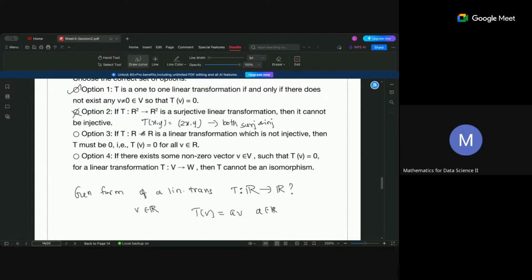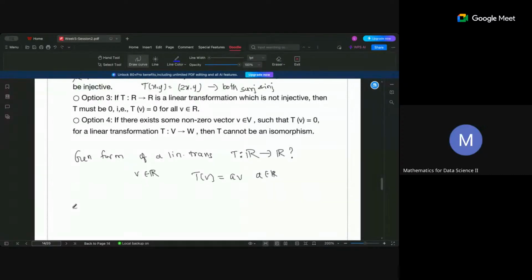Now you are given T from R to R, so it is a linear transformation of this form. Also, it is given that it is not injective. What does not injective mean? T is injective means that T v equal to 0 implies v is equal to 0.